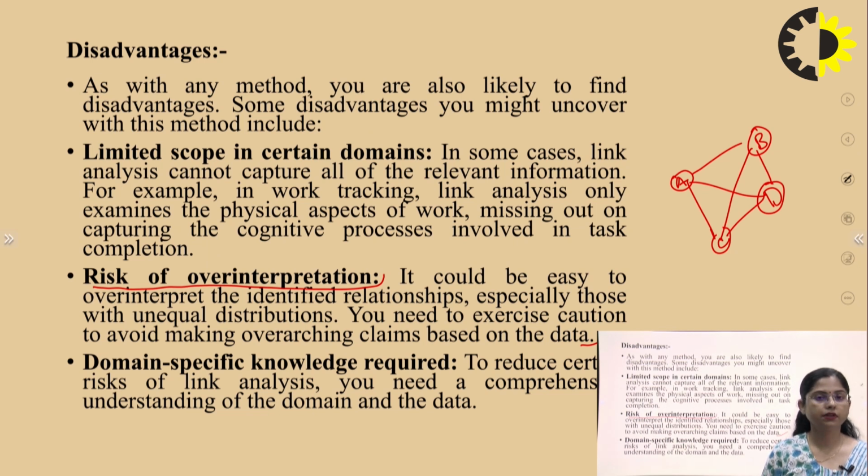If the data is very overcrowded and very much linked, then it is very difficult to take a certain insight from that particular data. So there is a risk of over-interpretation in link analysis, and we should avoid it. We should pick the particular insights or connections which are relevant to our requirement. We should only pick those particular domains.